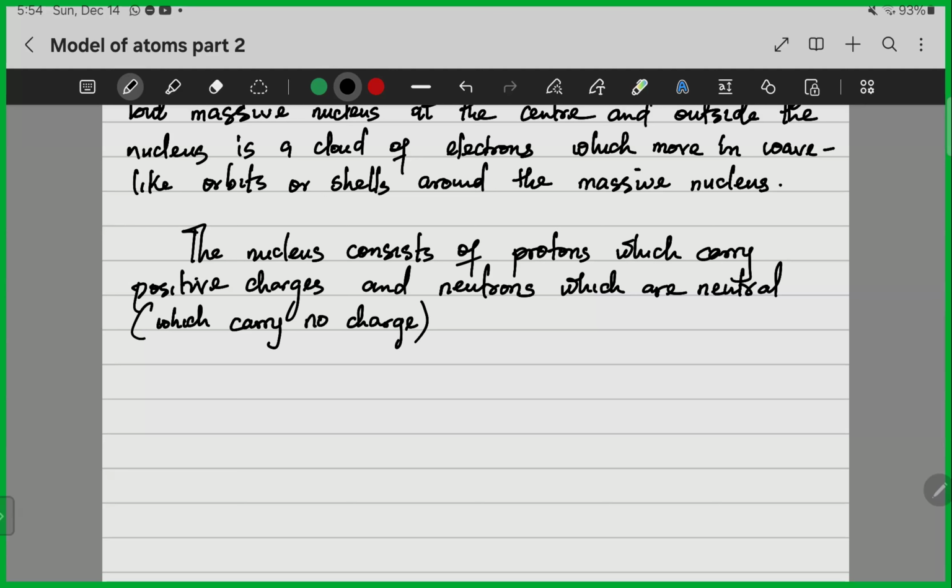So we've established that. Take note of that: the nucleus consists of protons which carry positive charges, and neutrons which are neutral in the sense that they carry no charge.